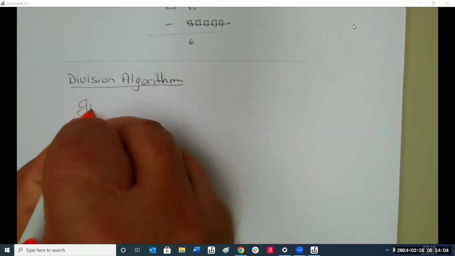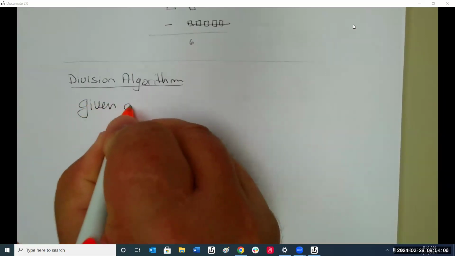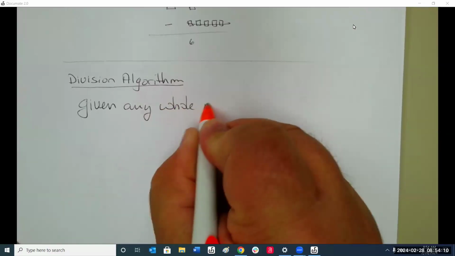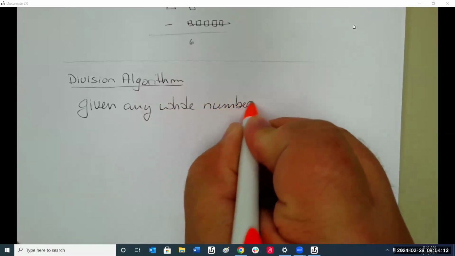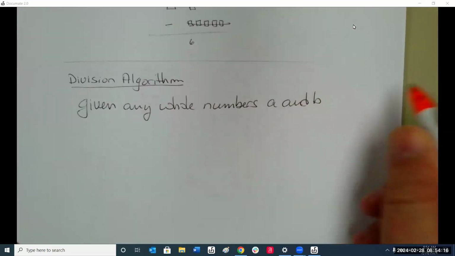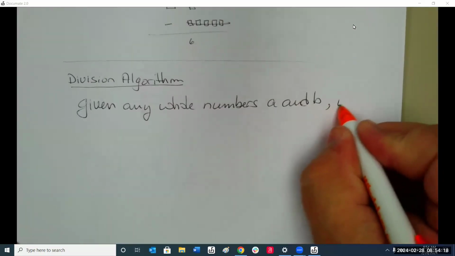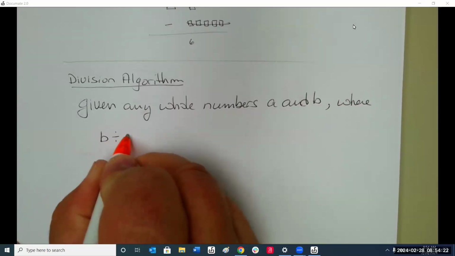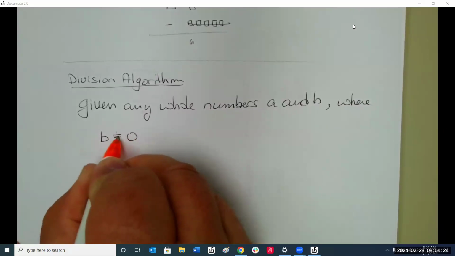So the algorithm here says, given any whole numbers A and B, where B does not equal 0.